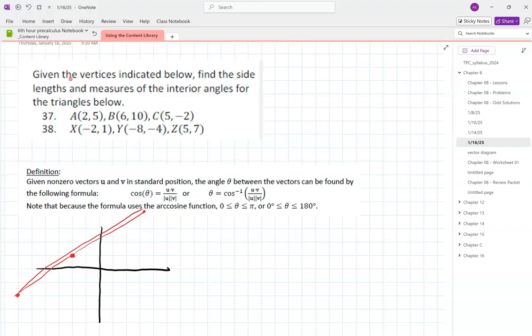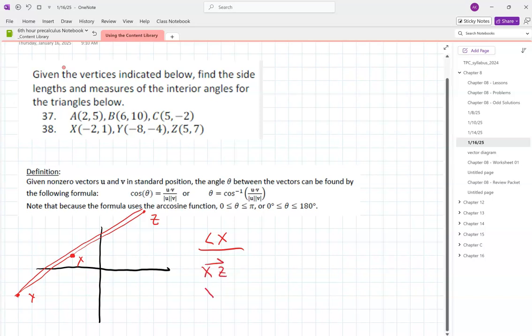All right, so I'm going to go ahead and find, this was X, Y, and Z. So I'm going to find angle X first. That's going to need the vectors XZ and then XY. Everybody's okay with that?